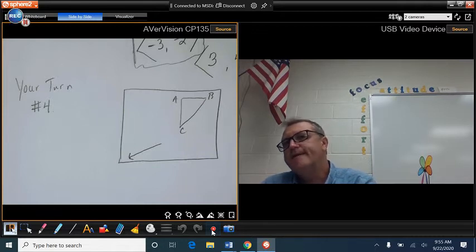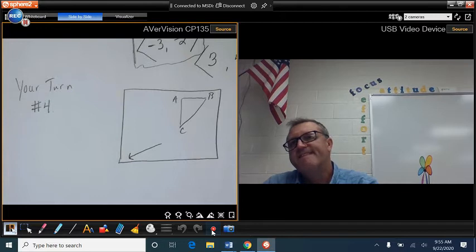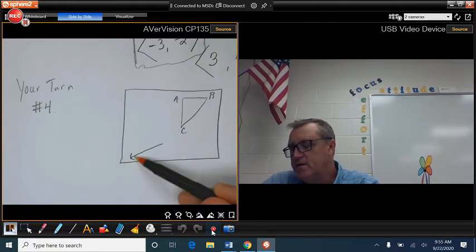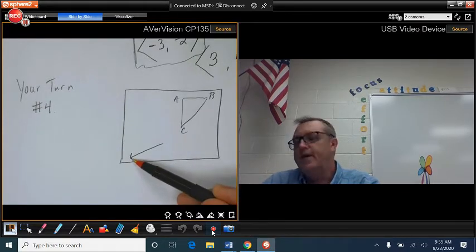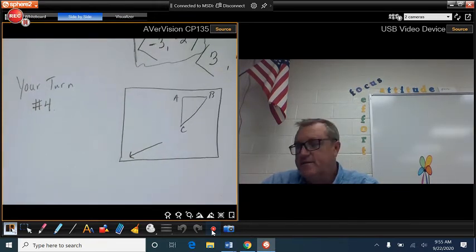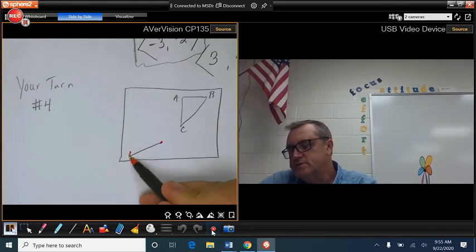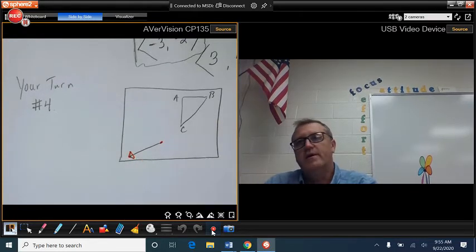How would you describe it? Would it be this end or that end? No. Good guess, though. I mean, you had a 50-50 shot at it. This is the starting point. And where the arrow goes, that's the terminal point. That's the end point. Okay?